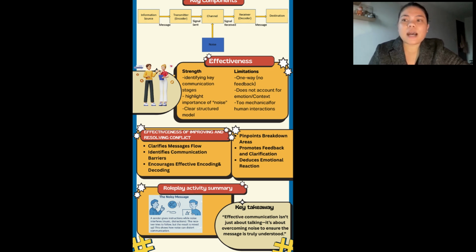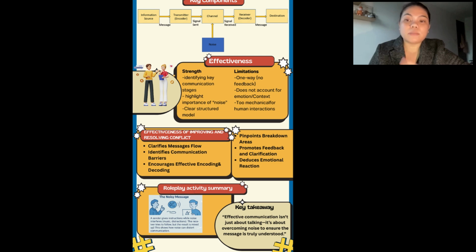And lastly, it is a very structured and simple model, which is why it's often used in education and technical fields. It gives us a basic understanding and framework to know how information moves from one person to another.